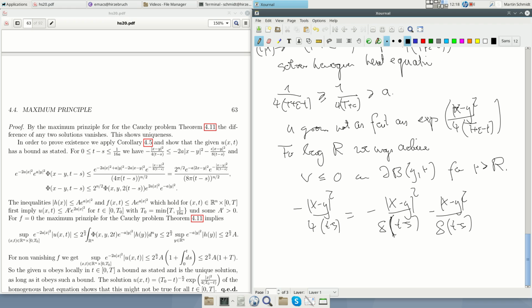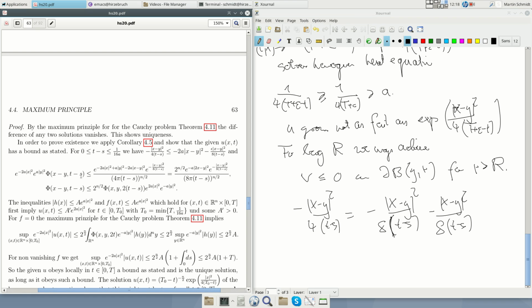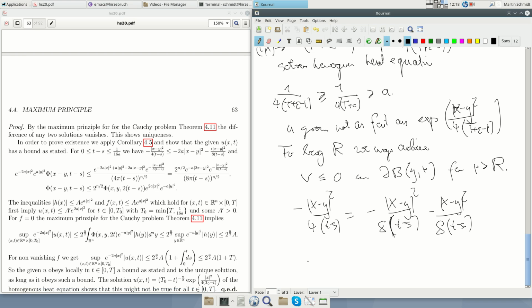Now since we have this estimate here, if t minus s is smaller or equal to 1 over 16a, this of course implies that 2a is smaller or equal to 1 over 8 (t minus s).